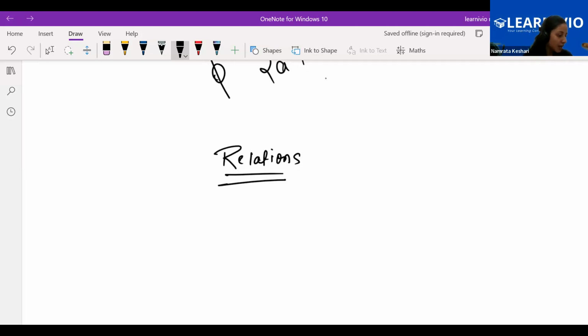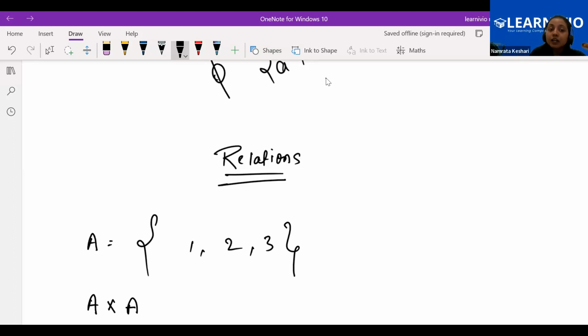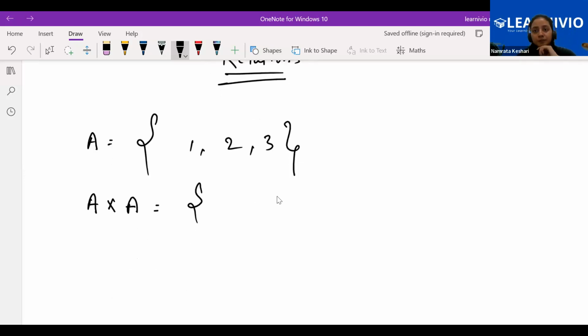Let me take one example. Suppose there is a set A having elements 1, 2, 3. And if we are finding the Cartesian product, that is A cross A, can you tell me what will be the elements? What will be the ordered pairs? Yes, Naufal and Ali. 1, 2, 1, 3, then 2, 3.